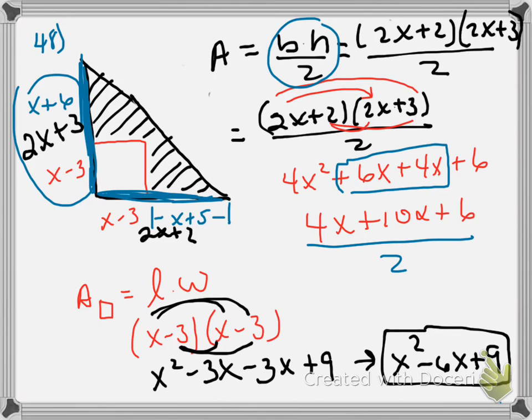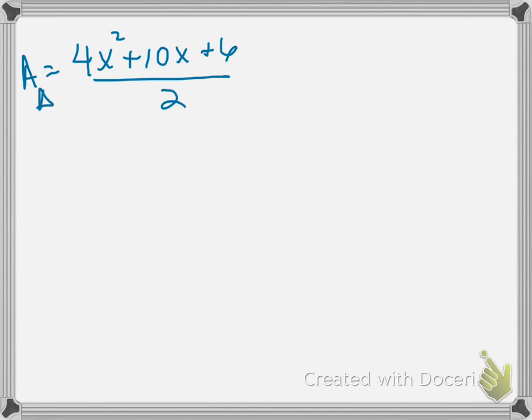Now if you notice, my 4, my 10, and my 6 can all be divided by 2. So I could take this and I could divide it by 2. So I just turned to another page so that we can see it better. So 4x squared plus 10x plus 6 is being divided by 2.